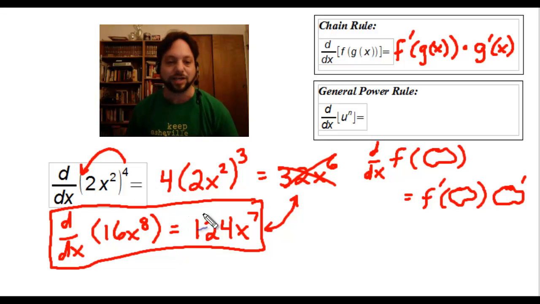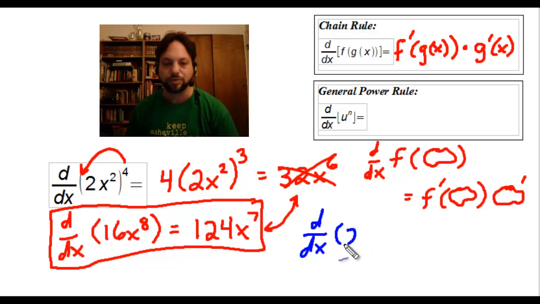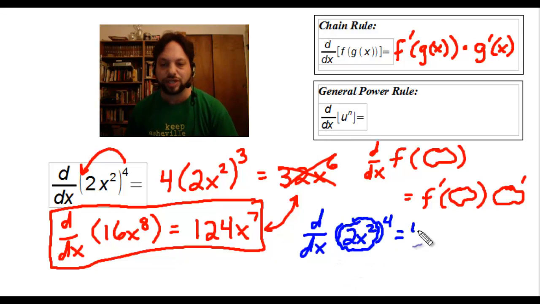Would that really make a difference here? Well, let's go ahead and take a look. If I start by beginning with my original problem, which was the derivative of quantity 2x squared to the fourth, well, let's see here. The outside part of my function is to the fourth power. We can consider this to be the blob. So if we differentiate the outside part, we do get what we thought we were going to get originally. However, we then need to multiply that by the derivative of the blob.